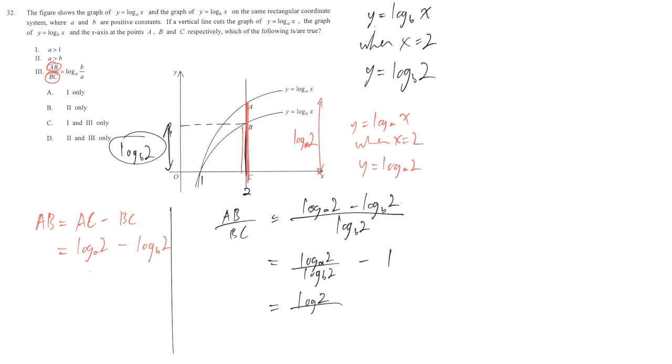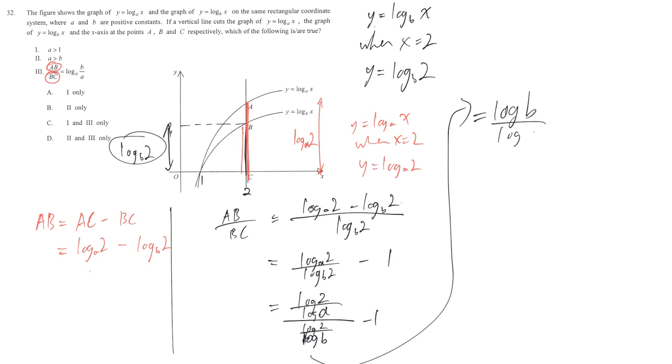They are not the same base, so we have to change this to log 2 divided by log a first. The denominator is log 2 divided by log b. So we can simplify this part, and then it gives us log b divided by log a, and then minus 1. That means log b over log a minus log a divided by log a to create the same denominator.